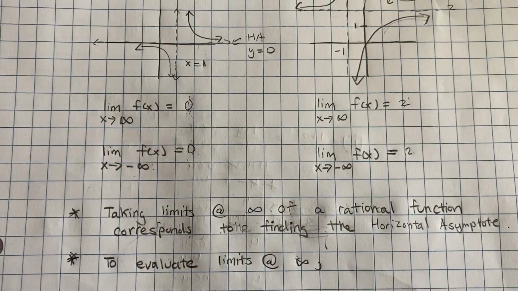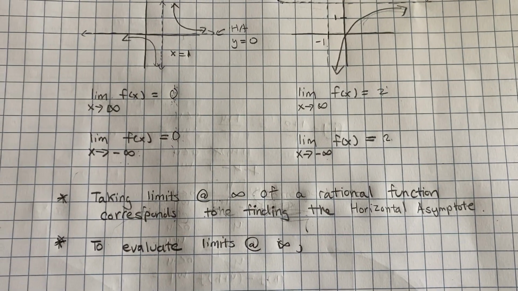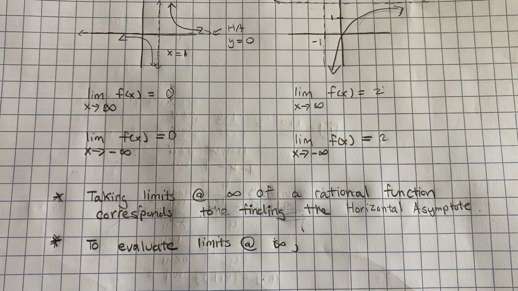Okay, now how do I do these problems algebraically without having to graph it? Remember, graphing rational functions is kind of a pain because it takes a little bit of time.